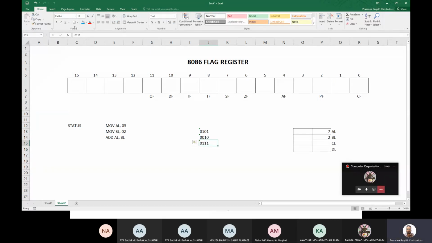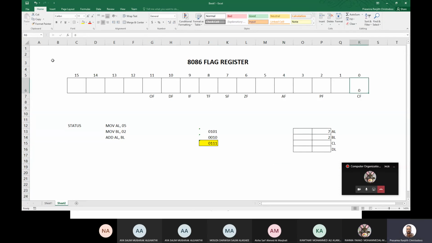This is my answer. Now in this result, do you have a carry? No. What is carry? If there is a carry outside, then we call it a carry. But here there is no carry. So the carry flag will become 0 after this.